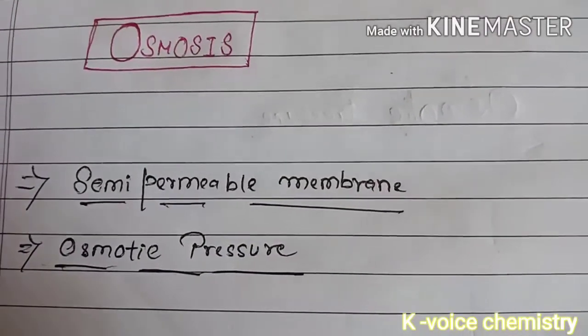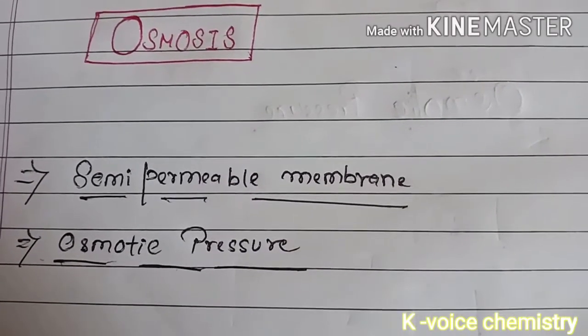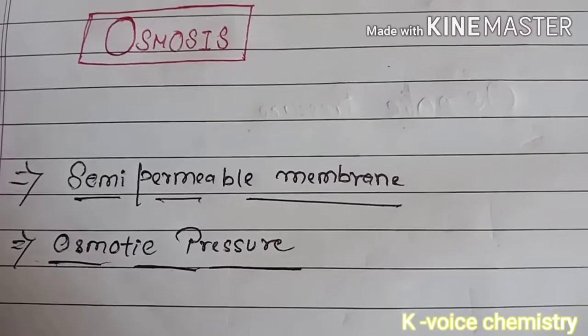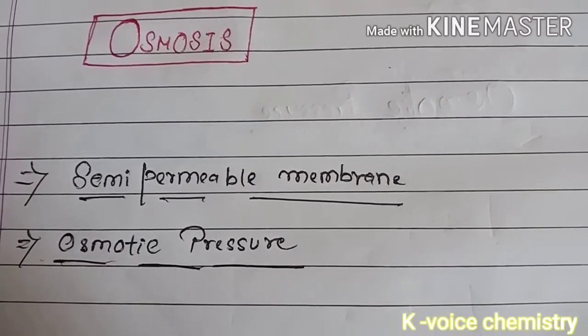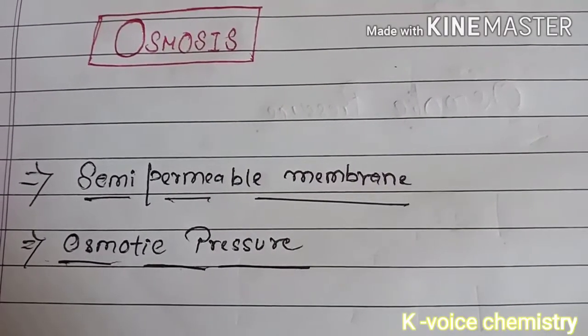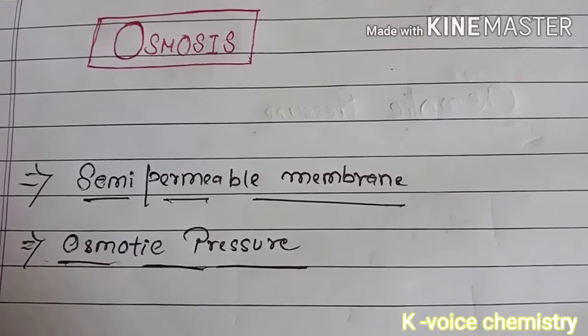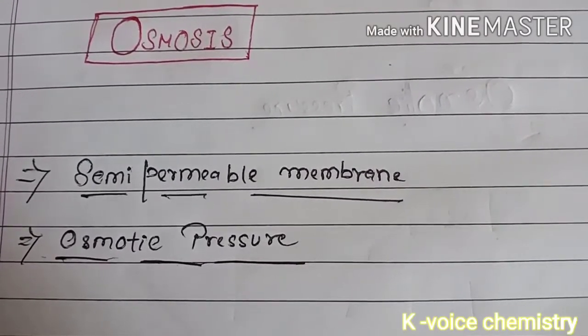By discussing osmosis, we came across these two terms, that is the semi-permeable membrane and the osmotic pressure. We have already seen what is the semi-permeable membrane. We can also create a semi-permeable membrane chemically, that is of cupric ferrocyanide. And what is this osmotic pressure?